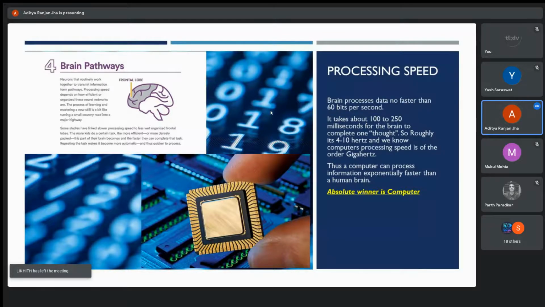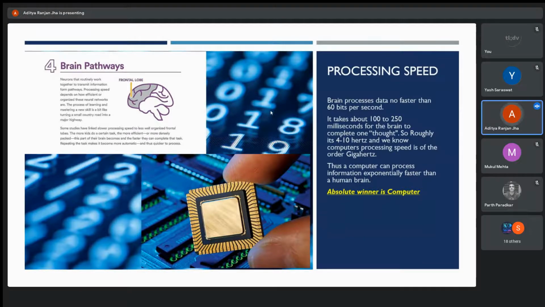Talking about time, suppose you want to complete a thought about going to a place, or lifting an object, it takes about 100 to 250 milliseconds. Actually, 100 to 250 milliseconds is pretty good. But in normal situations, it might go above that also.